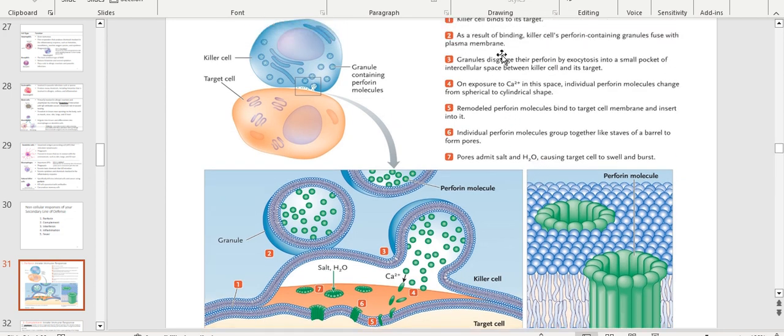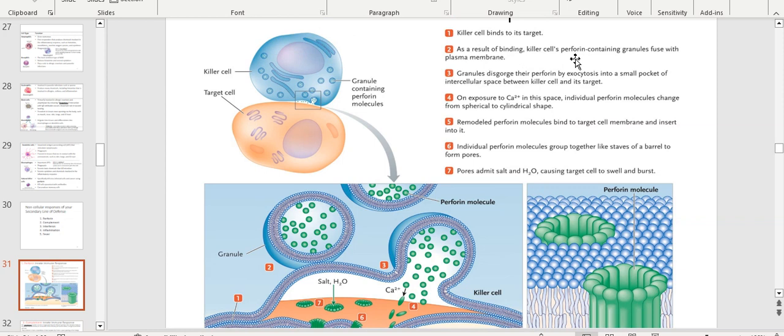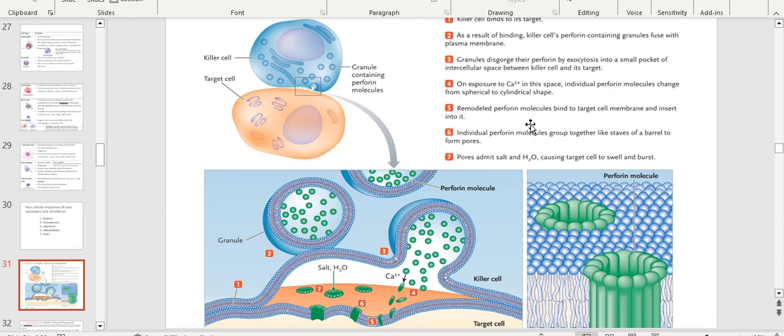As a result of binding, the killer cell's perforin-containing granules fuse with the plasma membrane. Granules disgorge their perforin by exocytosis into a small pocket of intracellular space between the killer cell and its target. On exposure to calcium in this space, individual perforin molecules change from spherical to cylindrical shape. Remodeled perforin molecules bind to target cell membranes and insert into it.